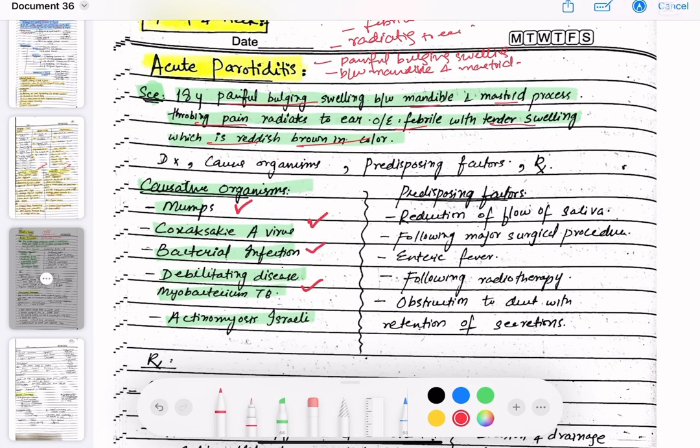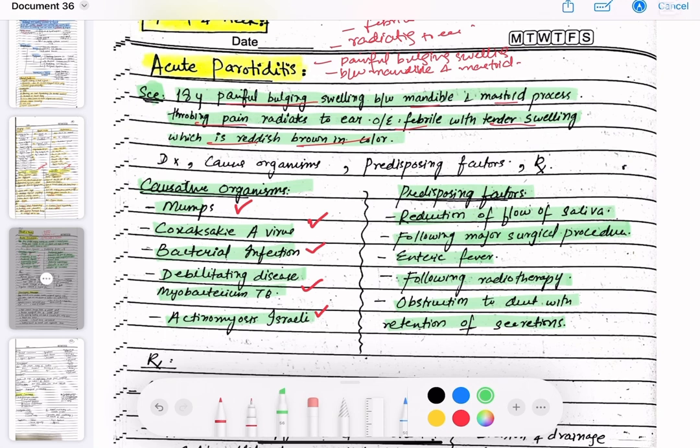The predisposing factors that lead to the infection are the reduction of the flow of saliva. If there is decreased saliva, or following a major surgical procedure, this can lead to infection of the parotid gland. Also enteric fever, radiotherapy, and obstruction of the duct with retention of secretions. Anything that can cause inflammation can also cause acute parotid gland inflammation.